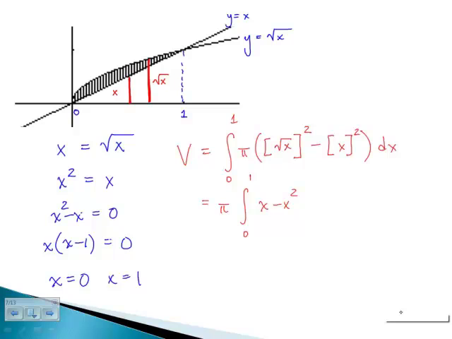So we have pi times the integral from 0 to 1 of x minus x squared with respect to x. At this point, we can go to the graphing utility to find the integral of x minus x squared from 0 to 1. When we get this answer, we will simply multiply it by pi to get the volume.